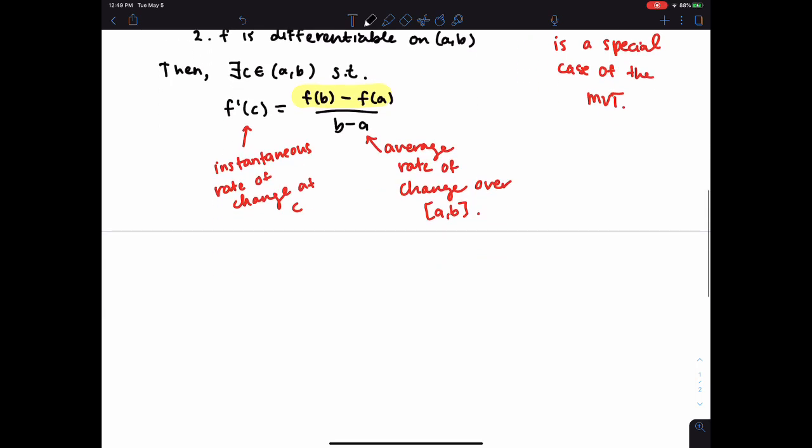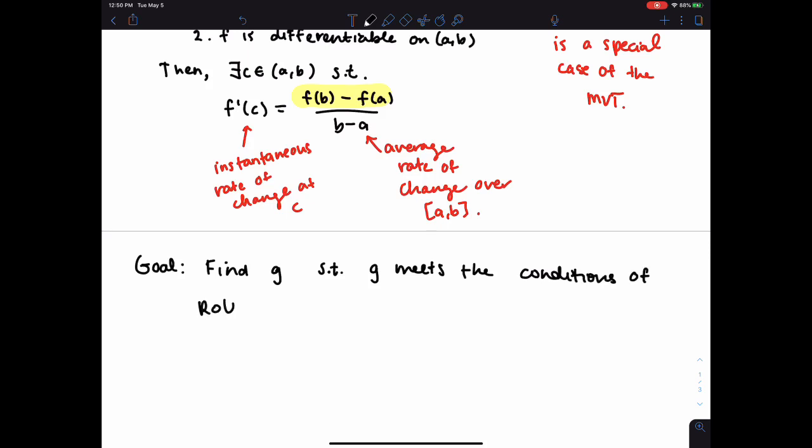So my goal is going to be to find g such that g meets the conditions of Rolle's theorem, and specifically that means what we're going to need to worry about is that g(a) needs to be equal to g(b).